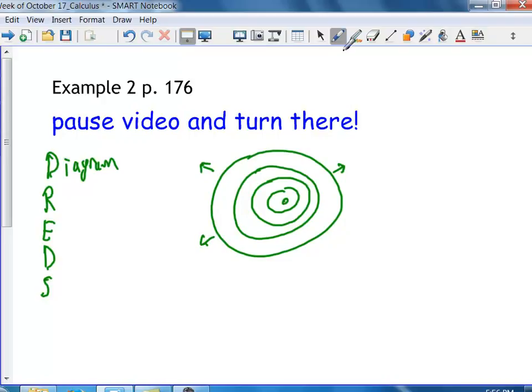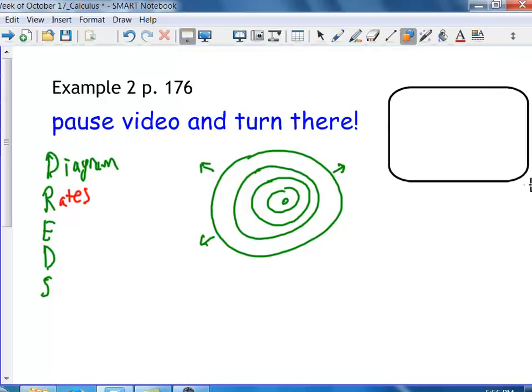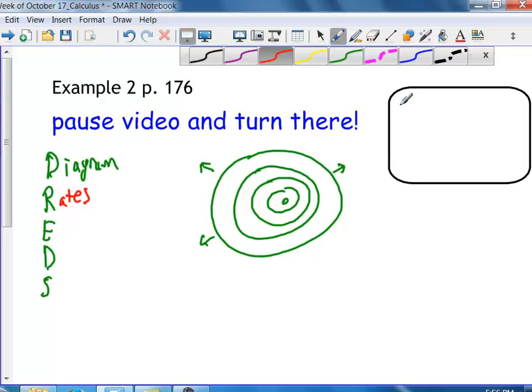Okay, so that's what we understand about that. That's the diagram. And then we want to see if there are some rates. So, of course, you can pause and read the problem. I'm just going to assume that you've read it. It looks like the rate they're giving is dr/dt equal to 1. So we're going to make that box I talked about. Looks like dr/dt is equal to 1. That's just straight up told.